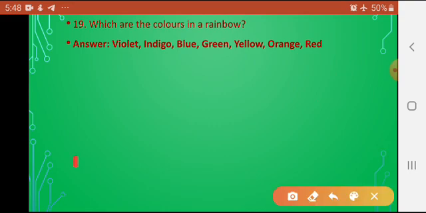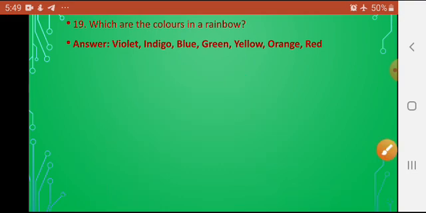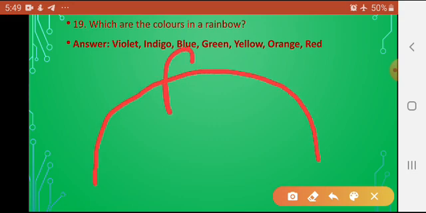If there is a rainbow, the violet will be here. In this sequence you will see the colors violet, indigo, blue, green and so on. And the last color in the rainbow, the upper color, is red. Okay.